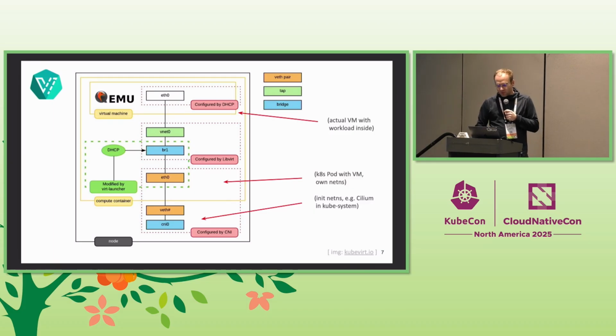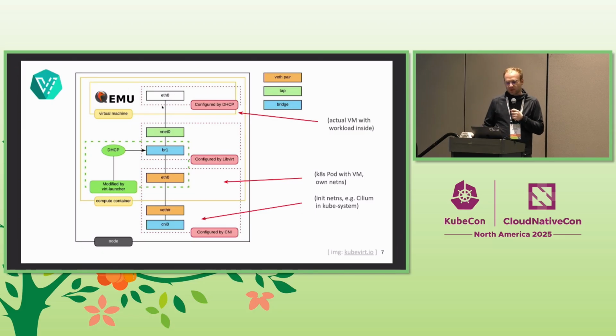Your regular CNI is setting up veth devices, for example, with one veth flag in the host namespace and one veth flag in the pod namespace, and then KubeVirt is setting up a bridge device with a tap, and then it's launching QEMU/KVM as a VM, and it's connecting through that. And the IP address it's getting through DHCP, where you can then manage the IPAM.